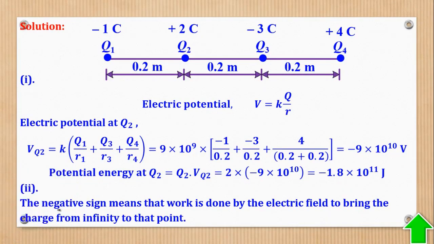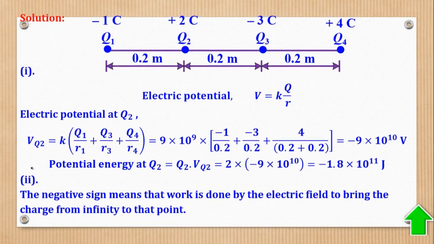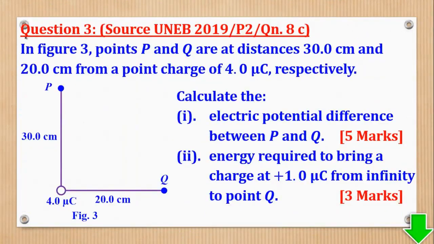The negative sign means that work is done by the electric field to bring the charge from infinity to that point. So it is from infinity up to that point, and that is why it is negative. It is because work is being done by the electric field to bring the charge from infinity to that point. So that was question 2.